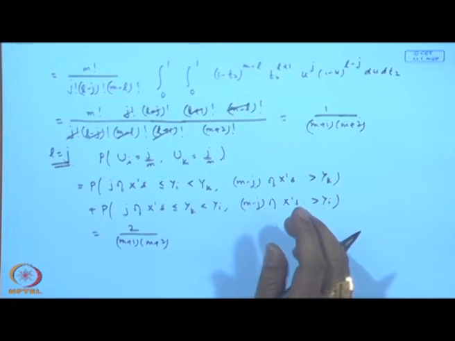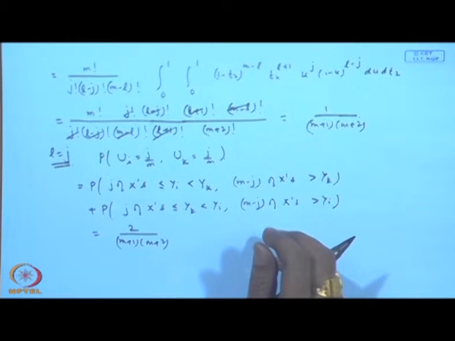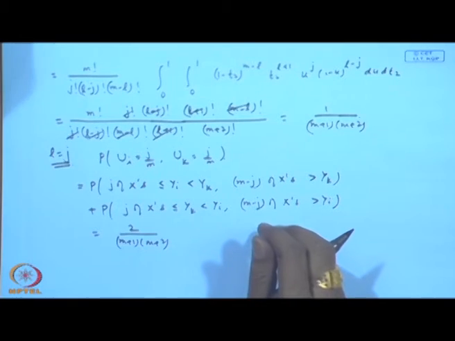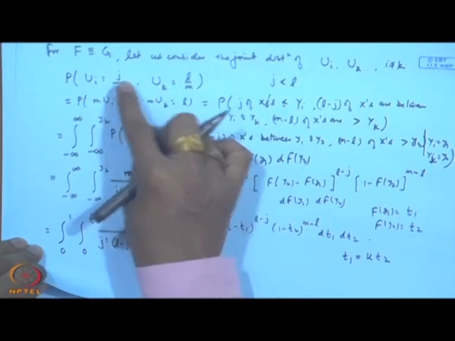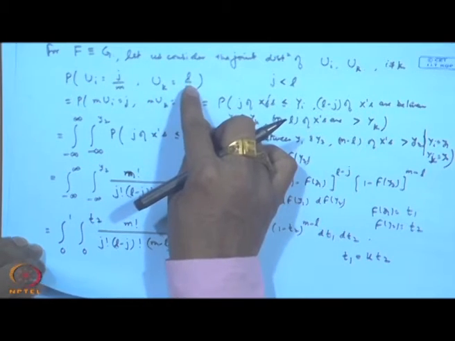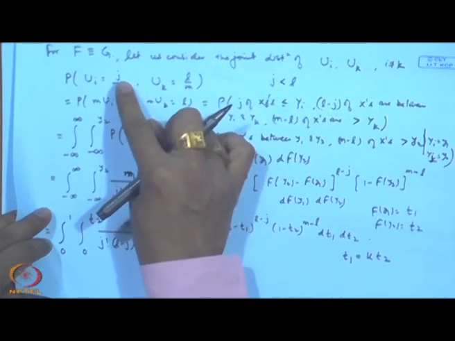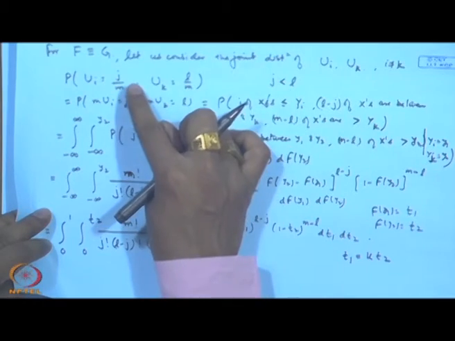So, we are able to derive the complete joint distribution of u i and u k. I have considered the case j less than L, j greater than L will give the similar thing, and j is equal to L.